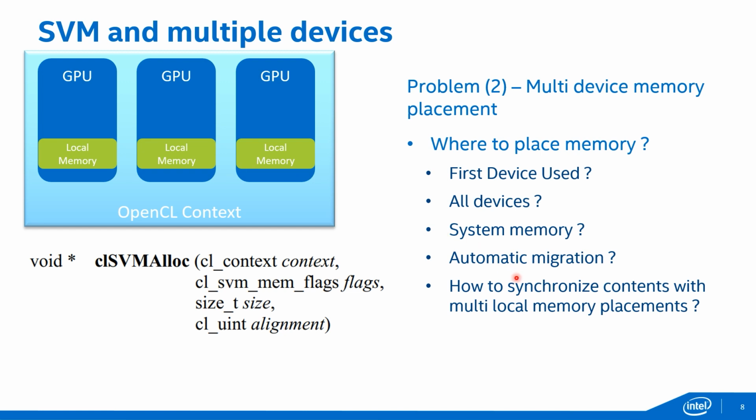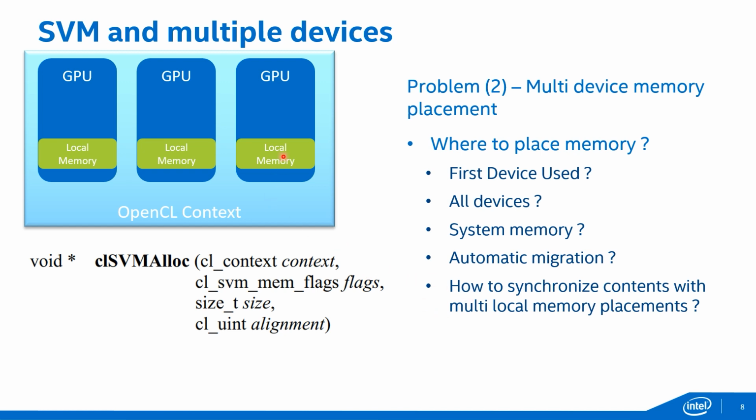Or should we do it simpler, place it in the system memory and all devices will utilize the system memory storage? Should we automatically migrate? If so, at what point in time? Should it happen on events, or on an access basis, or some other heuristics? And how do we actively synchronize the contents of the memory if there are multiple devices?